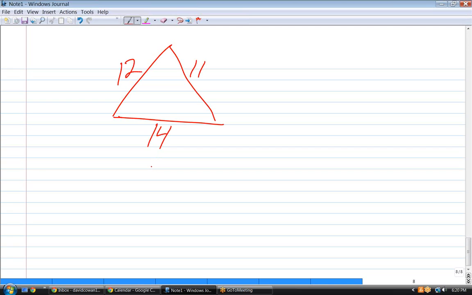Law of cosines is used whenever you cannot establish that relationship between one angle and an opposite side, and this is certainly a case. We do not know the sine of any angle over its opposite side. The law of cosines is a little bit like the Pythagorean theorem.